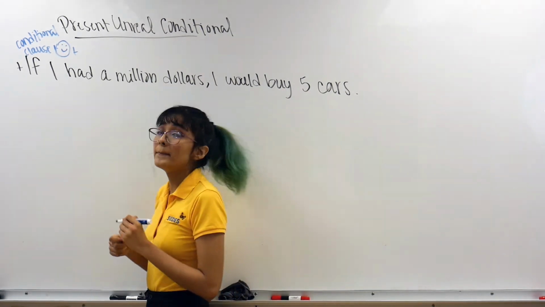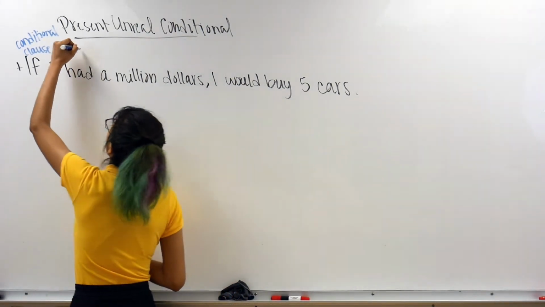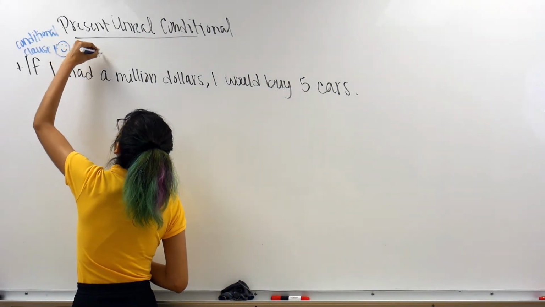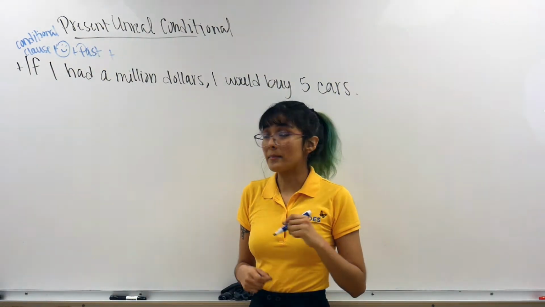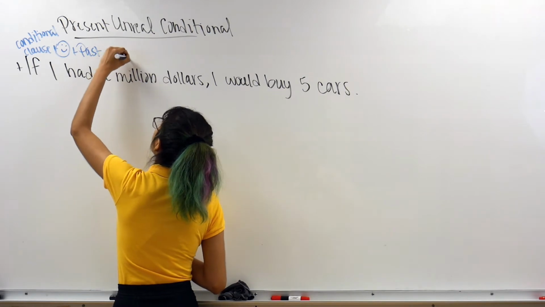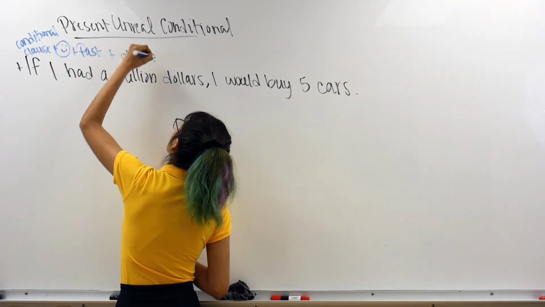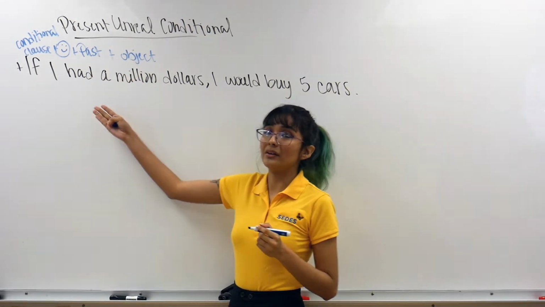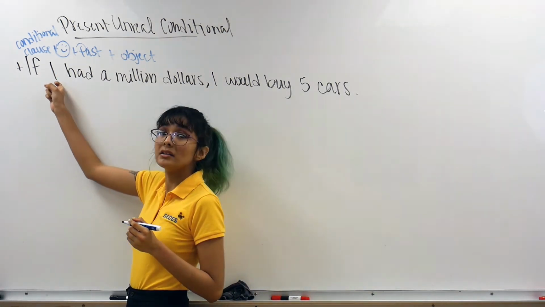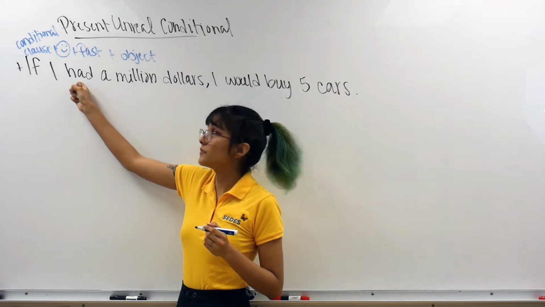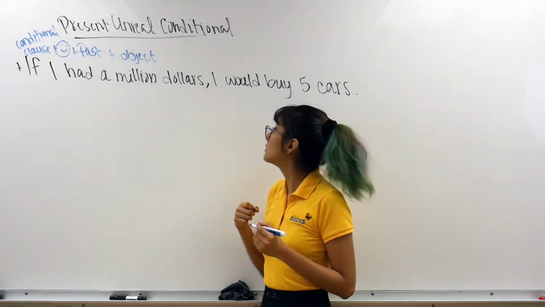Had is my past tense verb. This is in past. And $1 million is going to be my object. So this is clause 1. I have my conditional clause with my subject, my past verb, and my object.